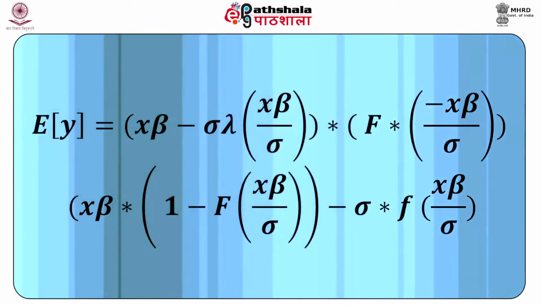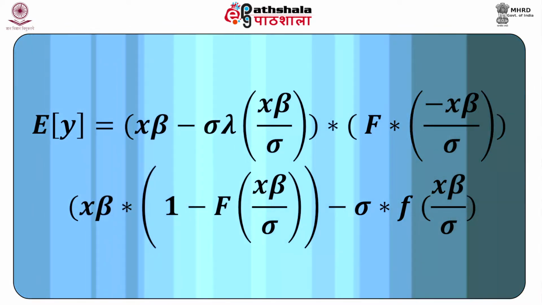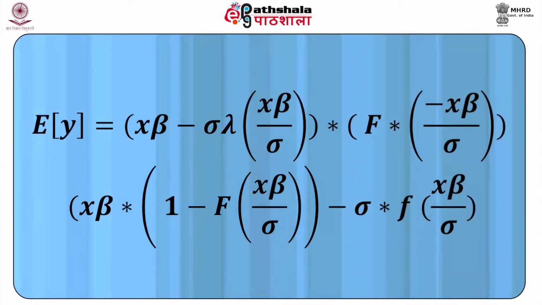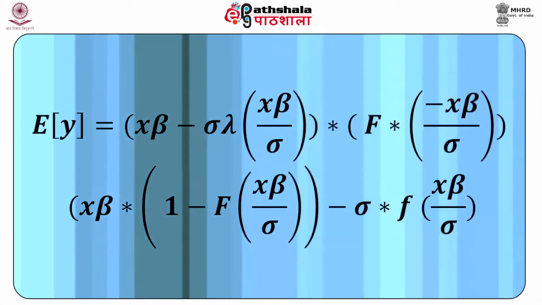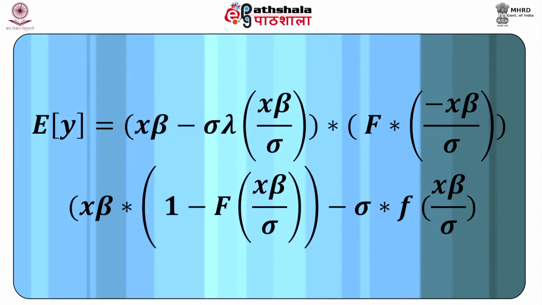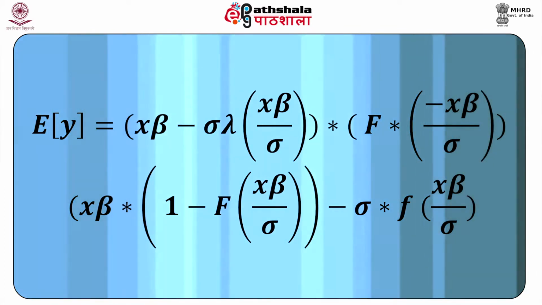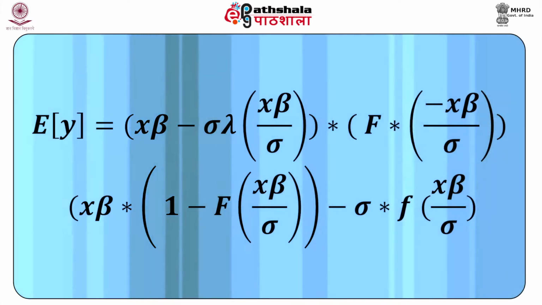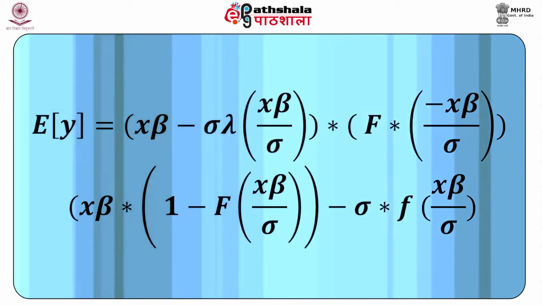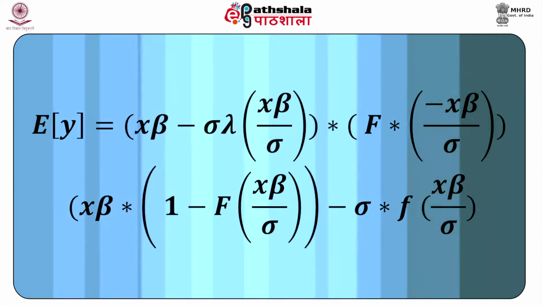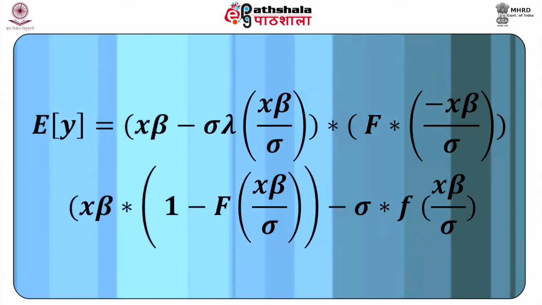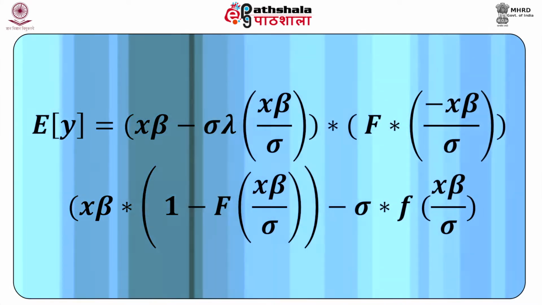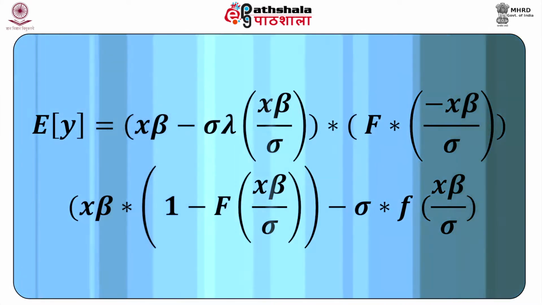In case of censoring from above, we can write down this expected value of y to be equal to x beta minus sigma lambda of x beta upon sigma, whole multiplied by capital F of minus x beta upon sigma. This is multiplied by x beta star 1 minus F of x beta upon sigma minus sigma into small f of x beta upon sigma.